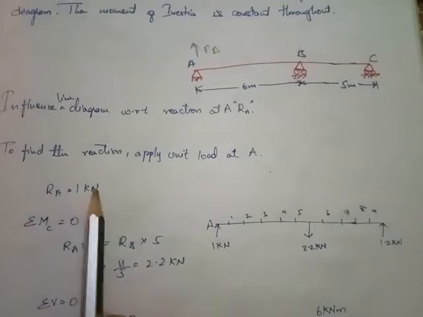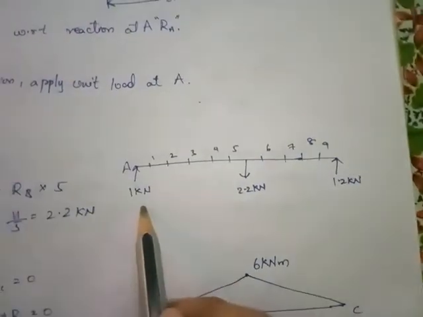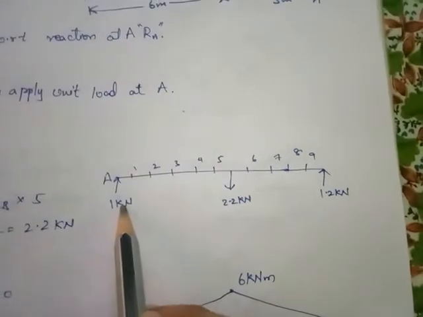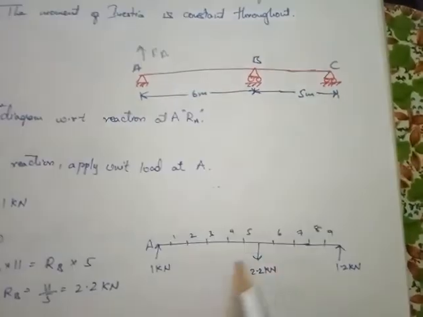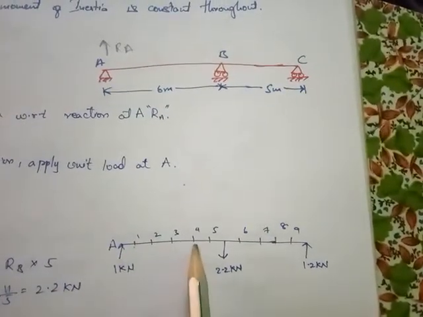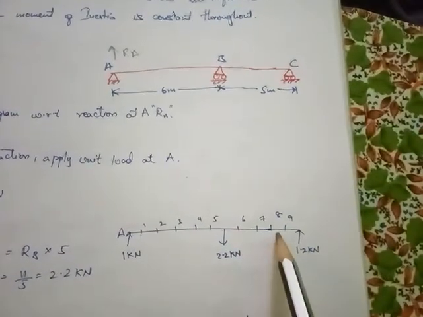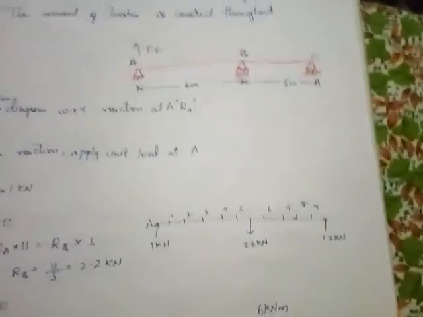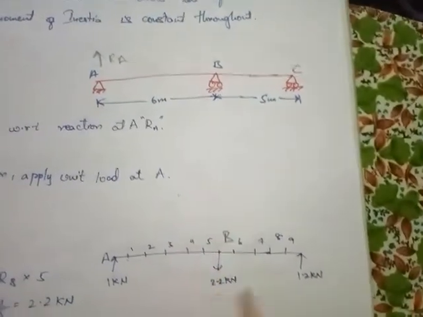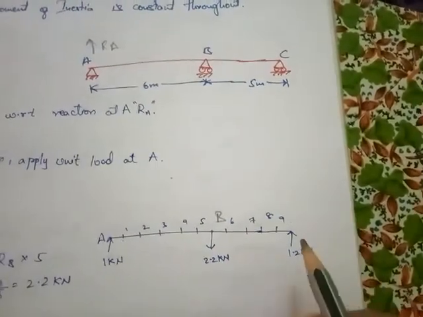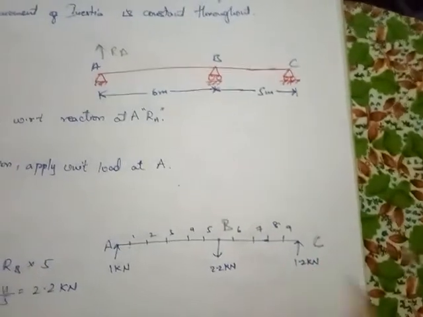To find the reaction, we are supposed to apply 1 kilonewton of load. Okay, if we apply 1 kilonewton, we have divided the whole span length into ordinates. This is the first ordinate, second, third, fourth, fifth, 6th, 7th, 8th and 9th. Totally the ordinates are fixed, and this is point B with reaction RB, and this is point C with reaction RC.